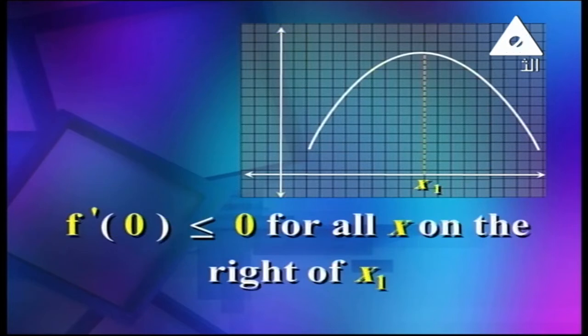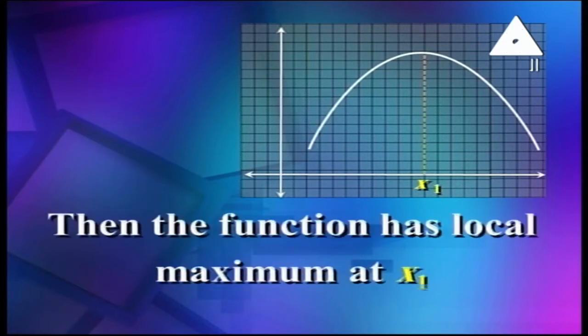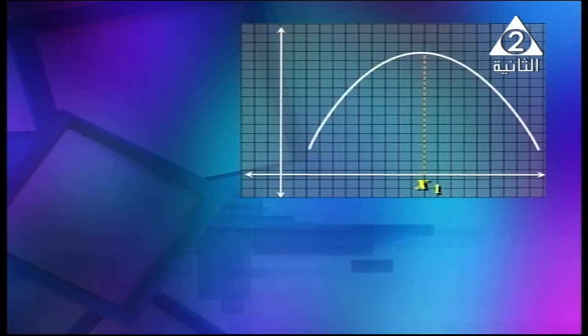But f'(x) is smaller than 0 for x on the right of x1. My dear student, the function has a local maximum at x1. Why? Because on the left of x1 f' is more than 0, but on the right of x1 f' is less than 0.